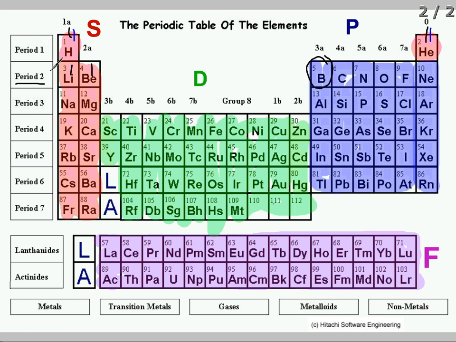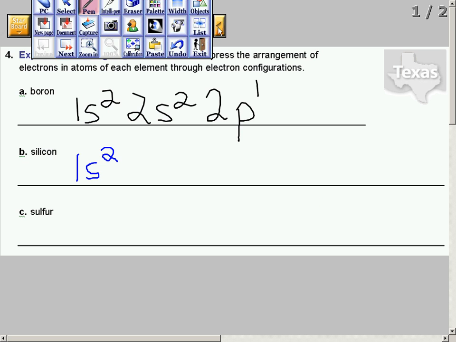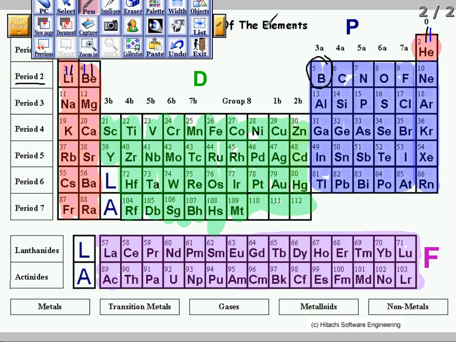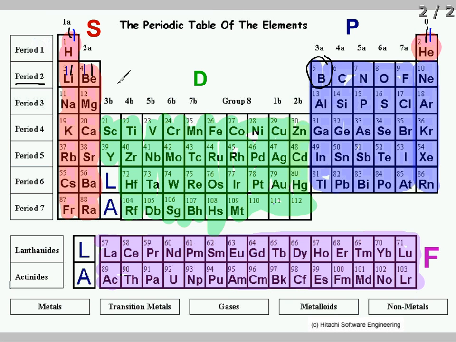Go down to energy level 2. Lithium is 2s1, 2s2. We filled up the S shell of our second energy level, so let's do 2s2. And let's go over here to boron. 2p1, 2p2, 2p3, 2p4, 2p5, 2p6.